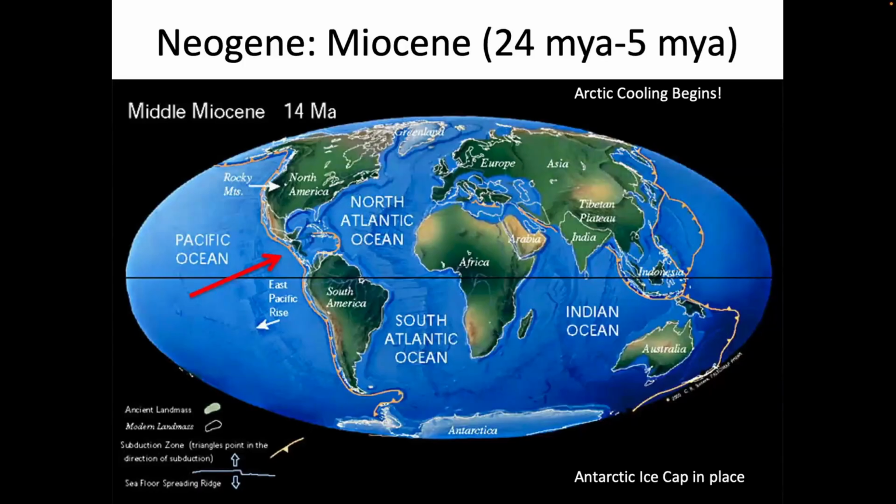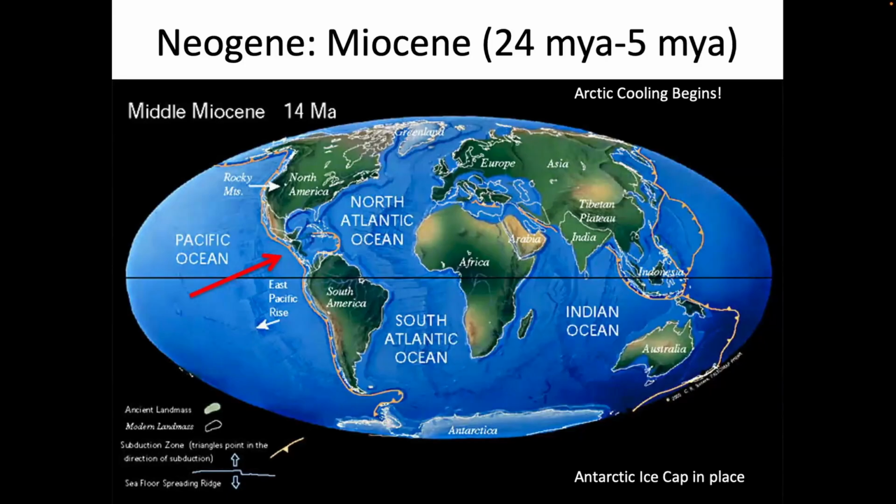So that cold water that begins to encircle Antarctica really drives the temperature down. And keep in mind, it's also finally arrived at the true South Pole, right? Which means that there are long periods of winter darkness. And now ice is beginning to build up. Now this is not at 14 million years. Here you can see it's totally engulfed in ice, right?